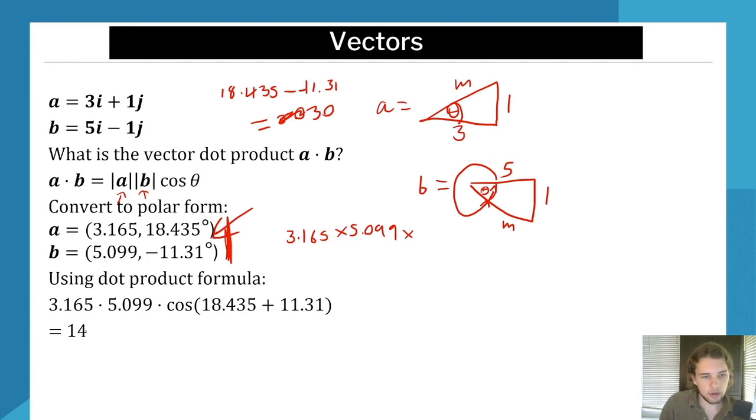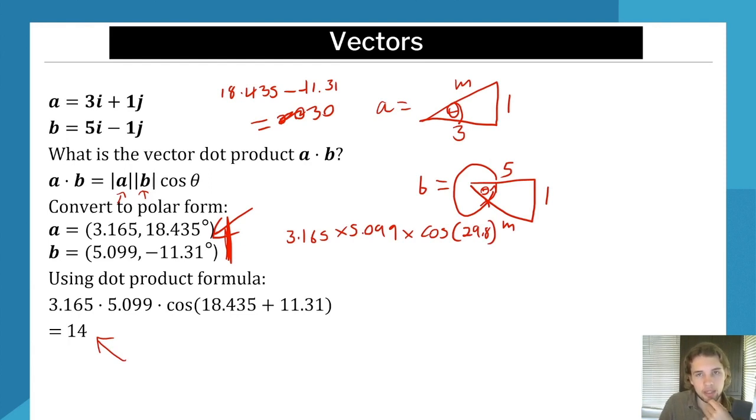And then when you plug all this into the calculator, as you will often be doing with the dot product, you will come to the result that it is 14. So that's the process of finding the dot product if you're using polar form.